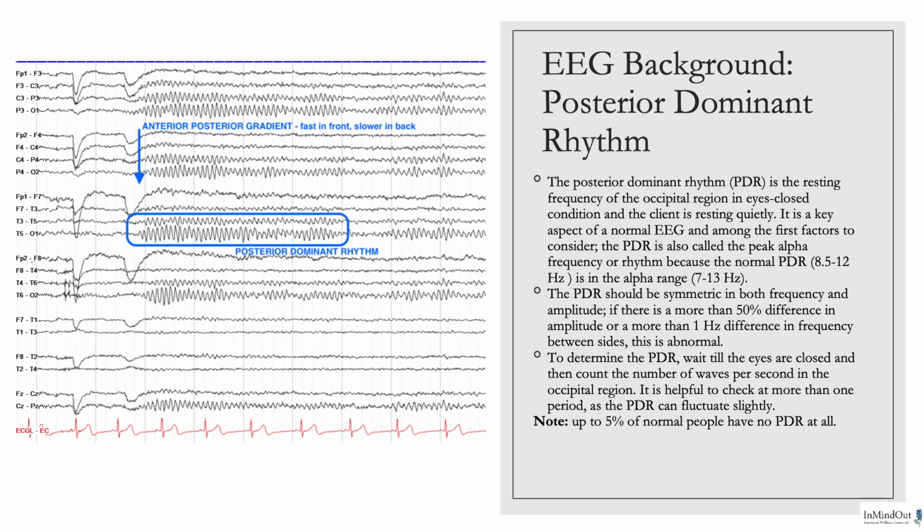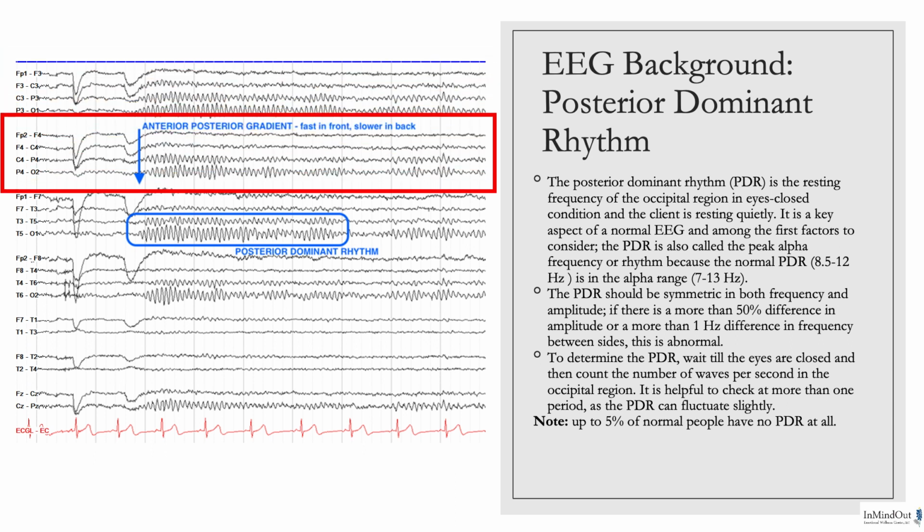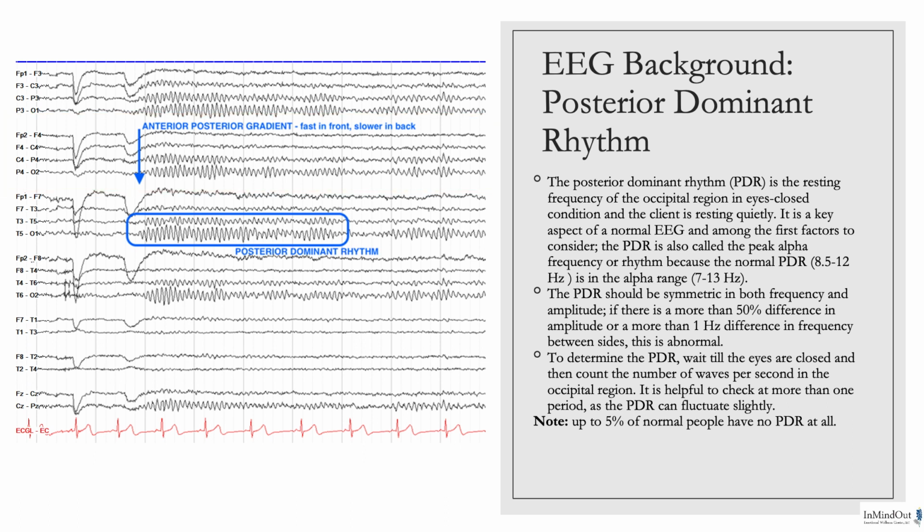That's why with eyes closed, when there is no stimulus in the occipital lobe, we should see this type of alpha activity posteriorly, as we see here. Again, you see the anterior-posterior gradient going from front to back on the left side here on top, and then right here, FP2, F4, we see the same kind of gradient, which is exactly what we want to see. And then, of course, we want to see this posterior dominant rhythm.